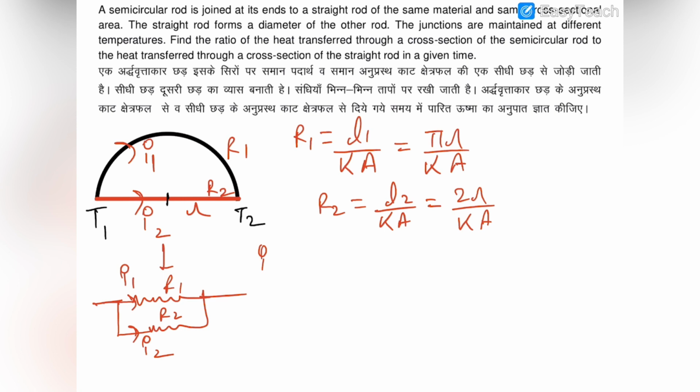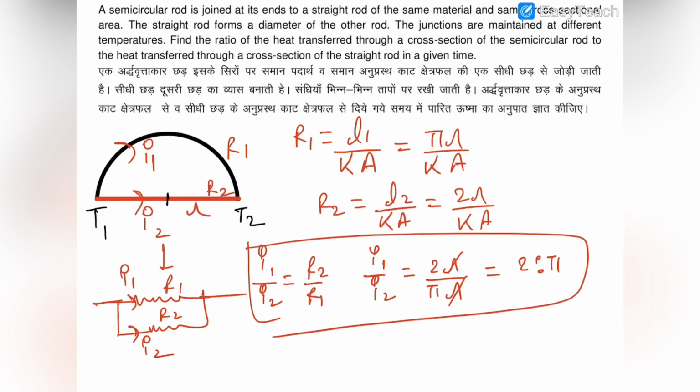So we know that in parallel combination I1 by I2 will be equal to R2 by R1, which is 2r by pi r. So cancelling r with r, the ratio of the heat currents would be 2:pi. So the correct answer will be 2:pi. This is option 2.